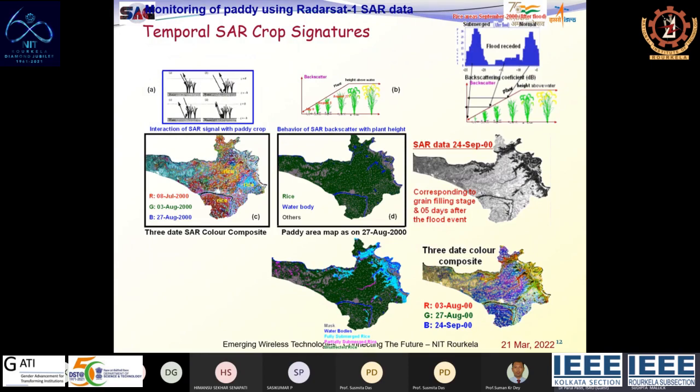But if a flood happens in between, then we'll know how much paddy is affected, how much area is affected by the flood, what is totally damaged, and where the flood has receded and the paddy has survived.